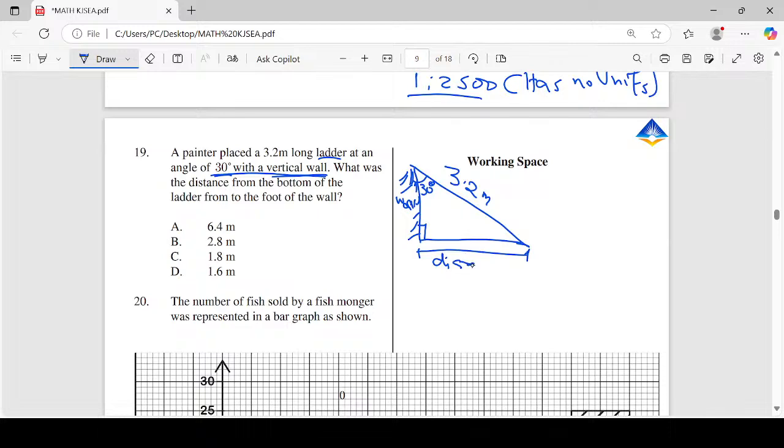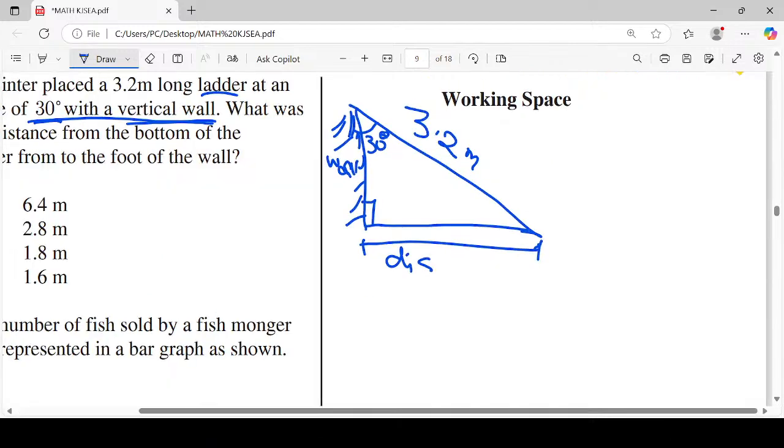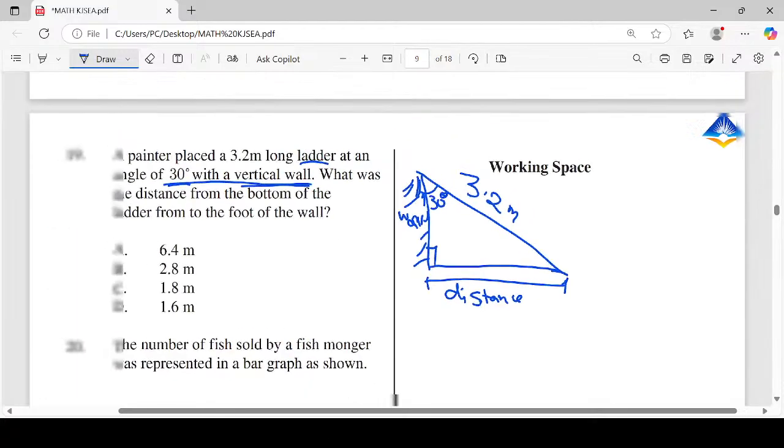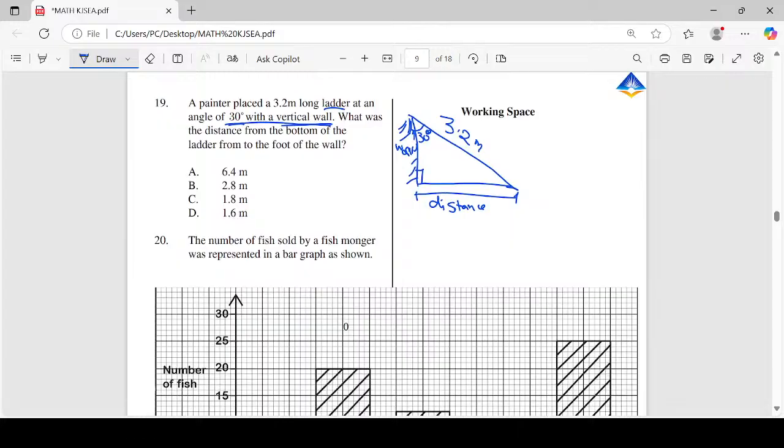They want this distance. Learners, I'm going to apply SOHCAHTOA.